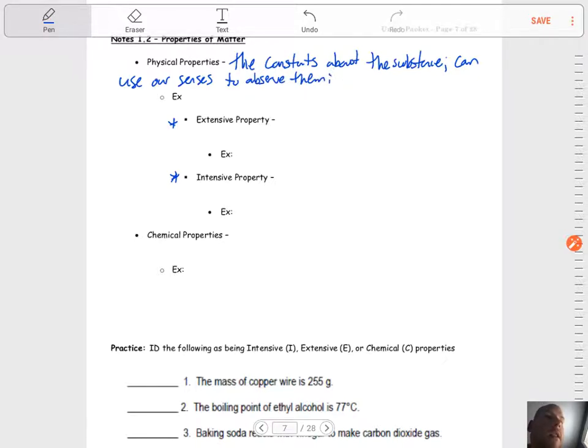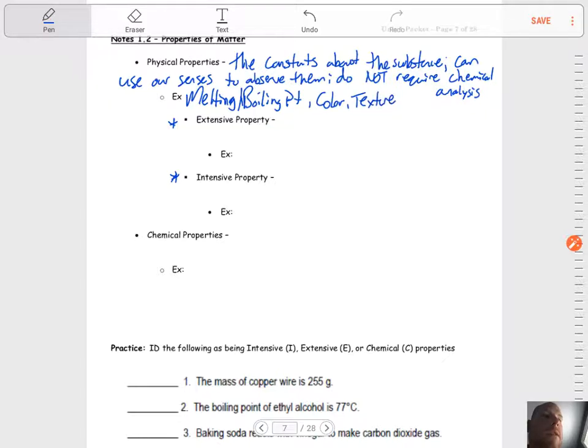They do not require chemical analysis. Classic examples would be melting point or boiling point, color, and texture. Those are classic ones that are constants.